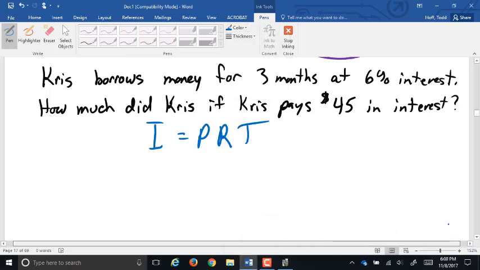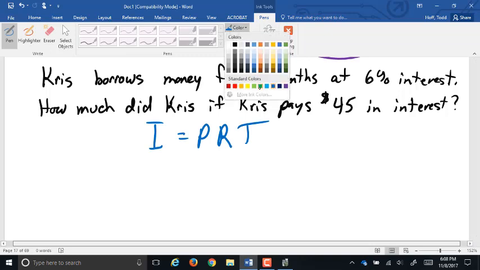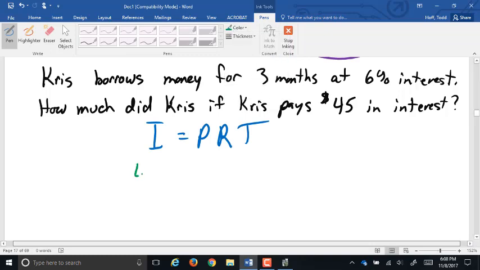Do we know the interest? What is it? $45. Do we know the principal? No, we do not. Do we know the rate? 0.06. Do we know the time? 3/12.